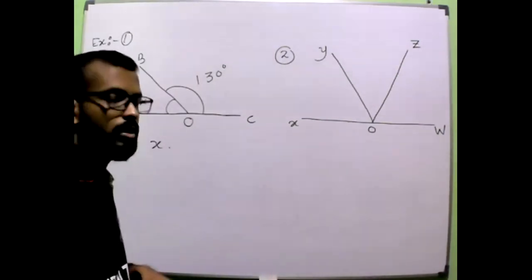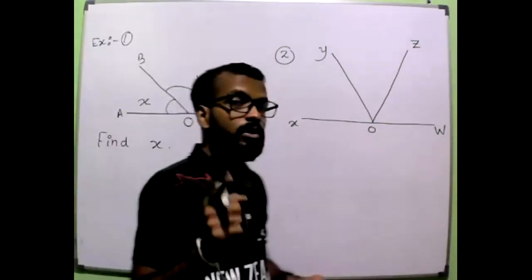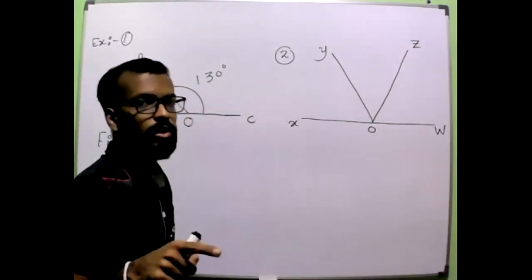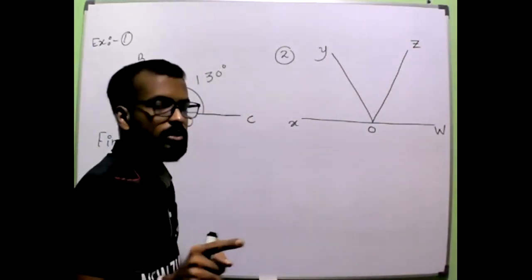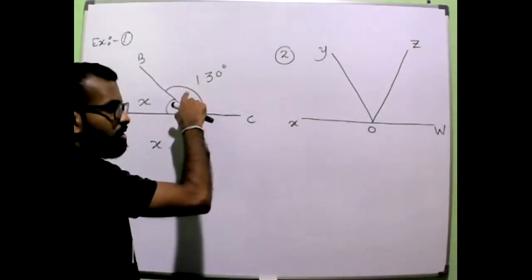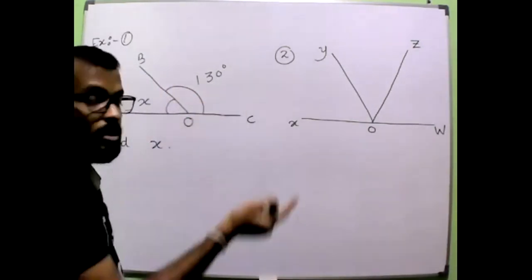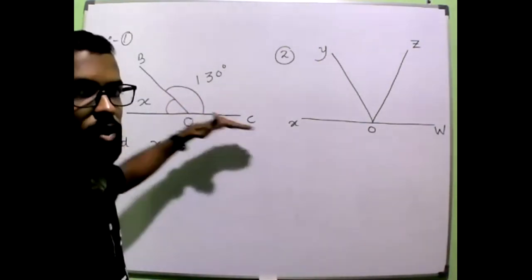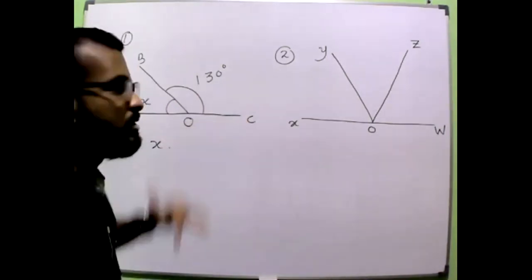AOC is a straight line. If you remember that AOC is a straight line, the addition of all the angles on this straight line should be equal to 180 degrees, right?